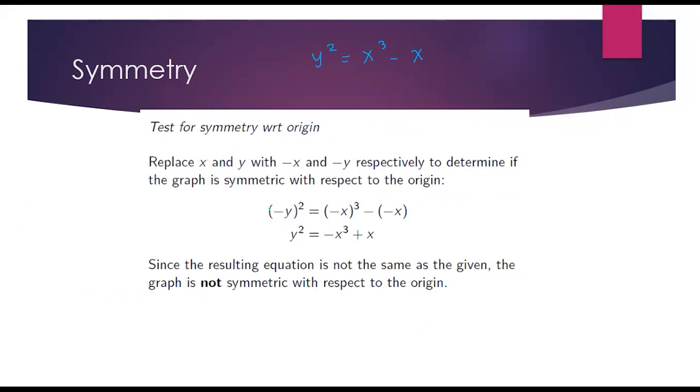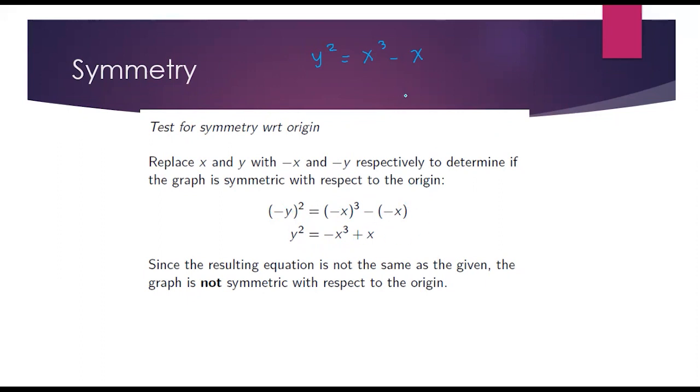So we have to substitute negative x for x here, and negative y for y. So what do we get? We have here y squared is equal to negative x cubed plus x.